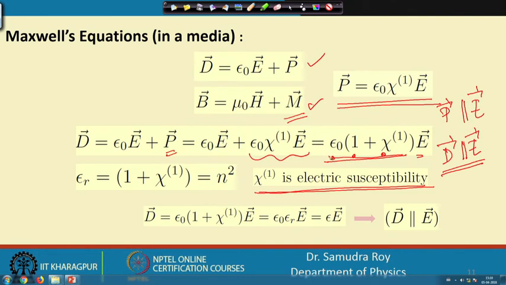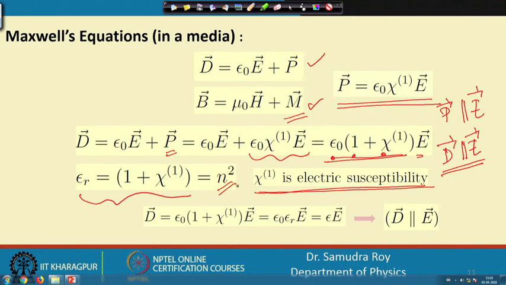But here, this quantity epsilon 0 times 1 plus chi 1 can be represented as epsilon R. Epsilon R is the relative permittivity. This relative permittivity is directly related to the refractive index, n square, and that is the form.